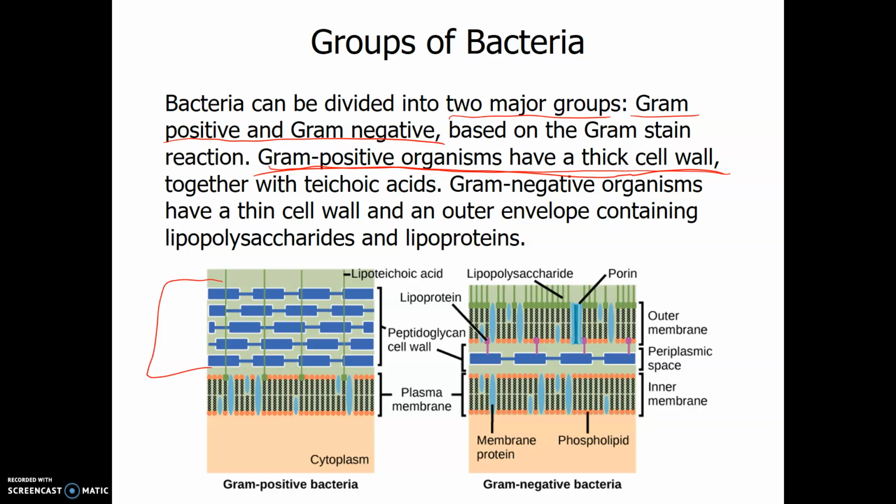And in gram-negative organisms, when you try to stain them with crystal violet, the crystal violet stain won't take. It just washes off. So you have to use another stain, and that is due to the fact that the polypeptide layer is thin. See, it's much thinner, and it contains more lipopolysaccharides, meaning that there's more lipids within their cell wall.